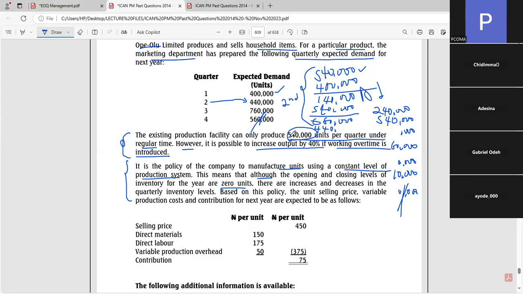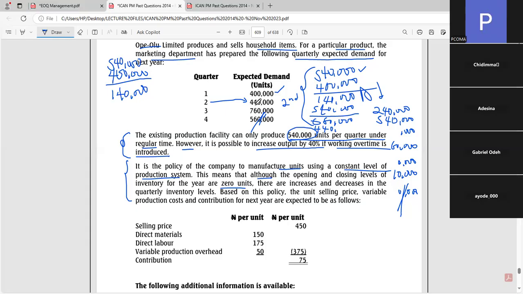Now, let's think outside the box. Normally, if I produce 540 units for the first time, I was only able to sell 400,000 units. If I take it out, I have 140,000 units. Then my demand for the next quarter is 440.